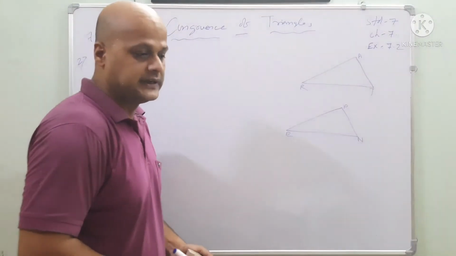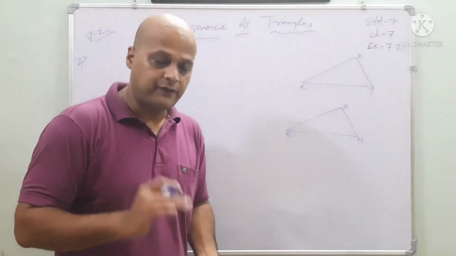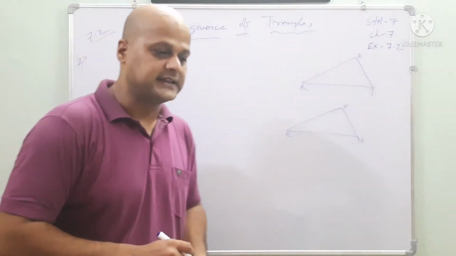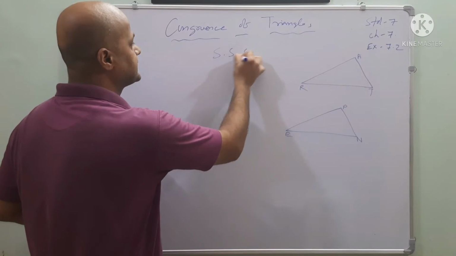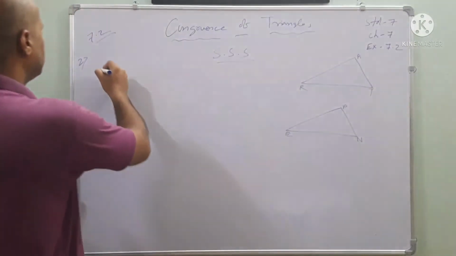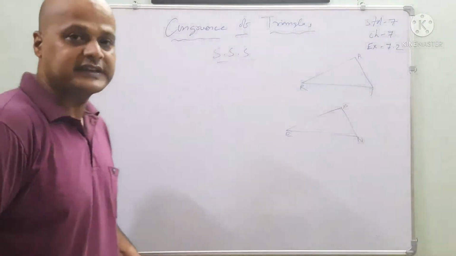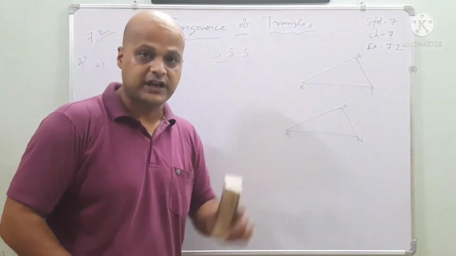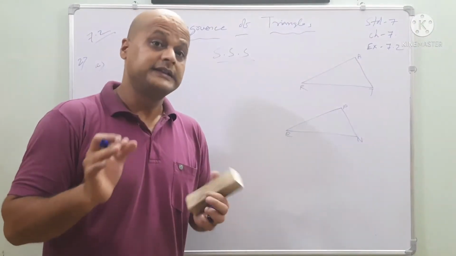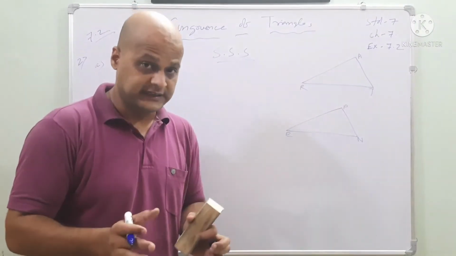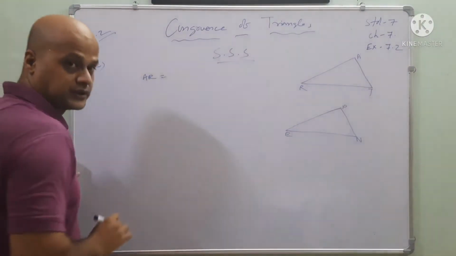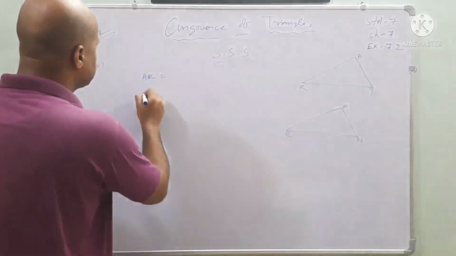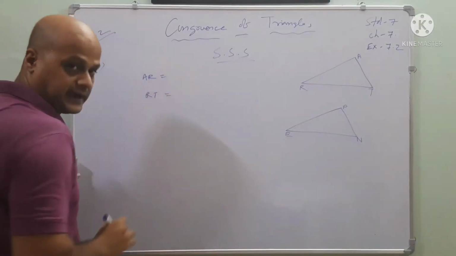Now it's saying that you need to show, means you have to apply, the SSS criterion using these two triangles. But are the hints equal or not? Let's see. AR is equal to dash. RT is equal to dash.